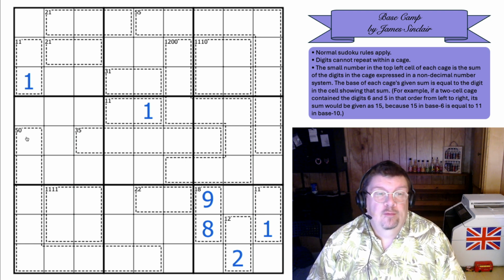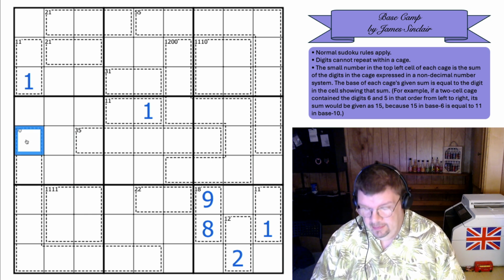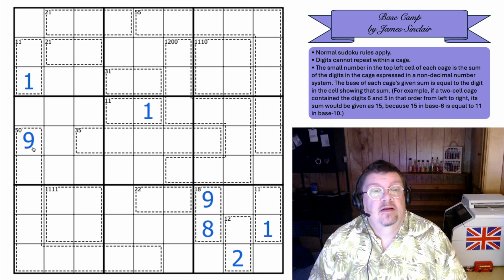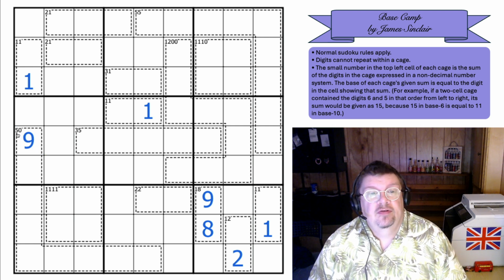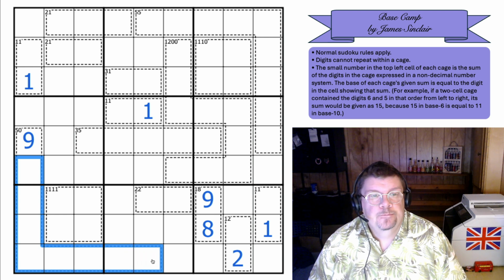So 45 minus 0 is 45. 45 divided by 5 is 9. So in base 9, this 5 is representing 5 9s, which is 45 in decimal, plus 0. So we get a 9 there, and these are just going to be the digits 1 through 8 in some order.